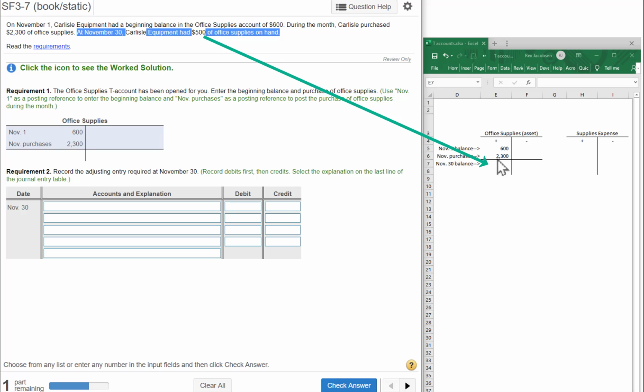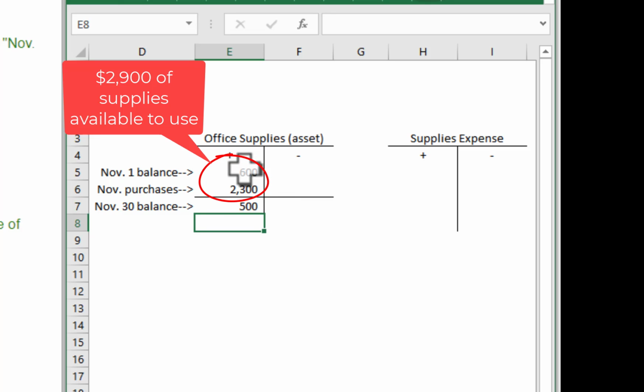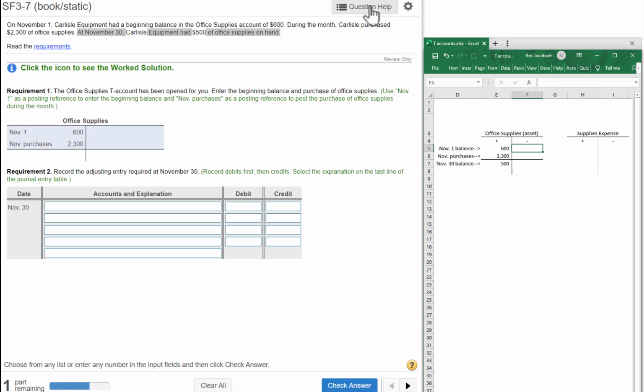So where do I put the balance? Right here, $500. So if we had $2,900 available, and I got that by taking 600 plus 2,300, we had $2,900 of office supplies available. We ended up with 500, so how much must we have used?